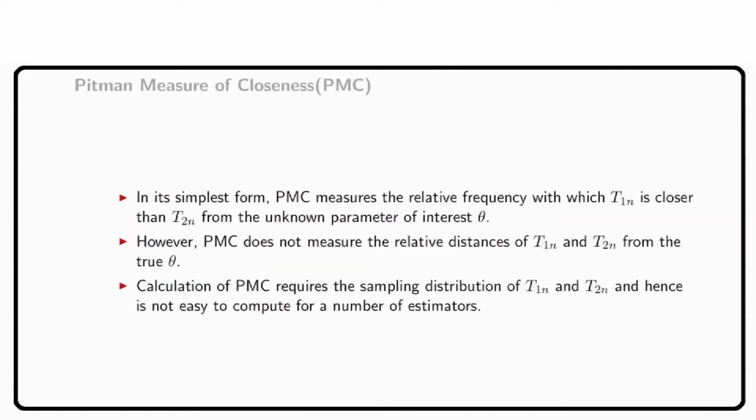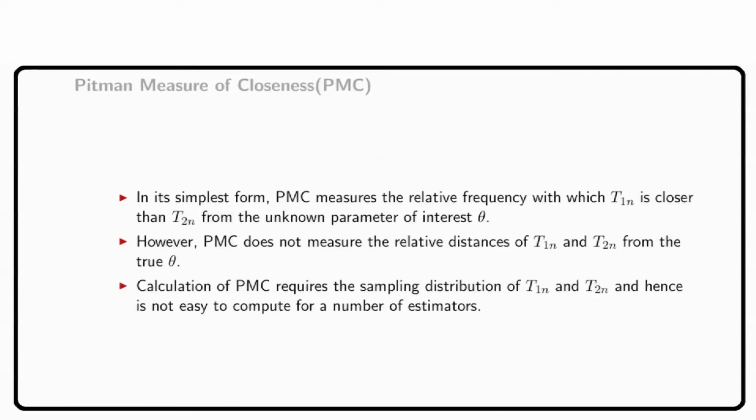Then, in its simplest form, PMC measures the relative frequency with which T1n is closer than T2n to the unknown parameter of interest theta.